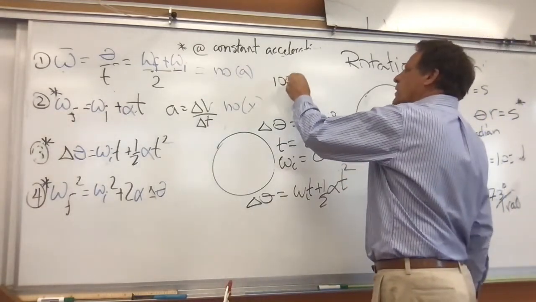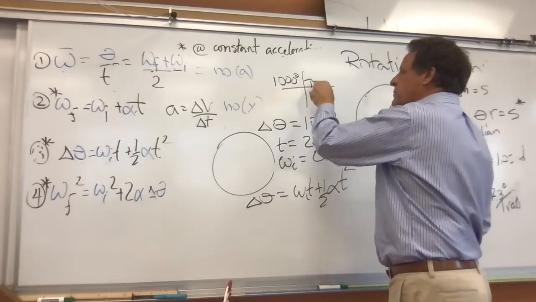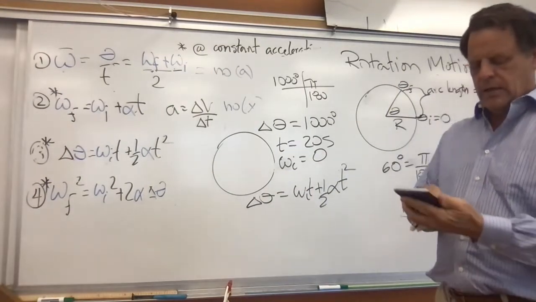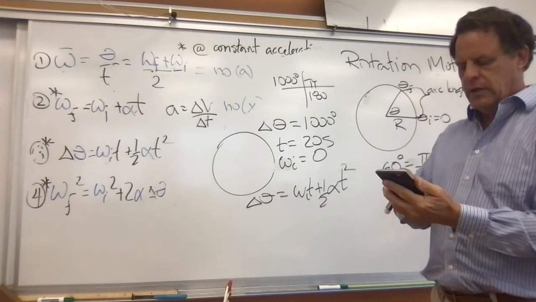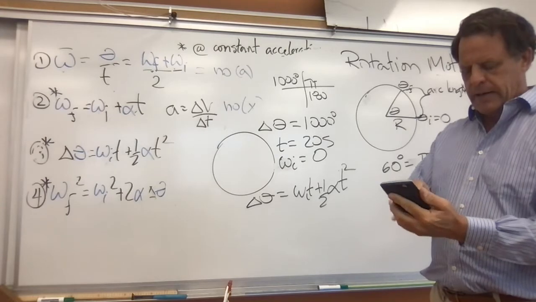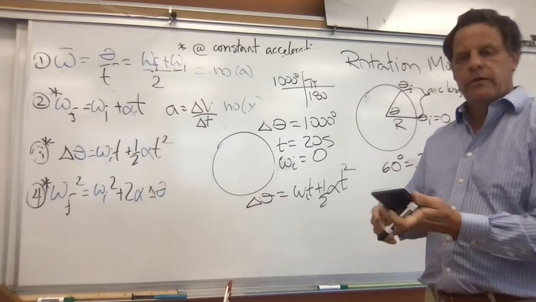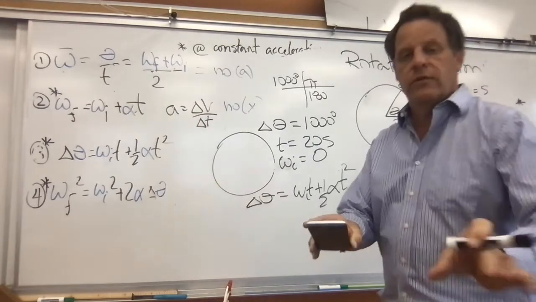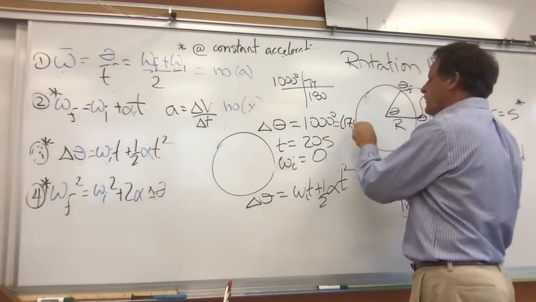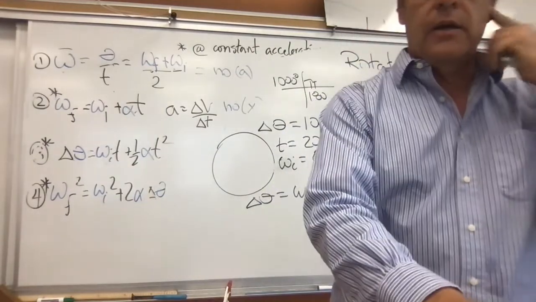So to change 1,000, we are going to divide by 180 and multiply by pi. So 1,000 divided by 180 multiplied by pi is going to give us 17.45 radians.